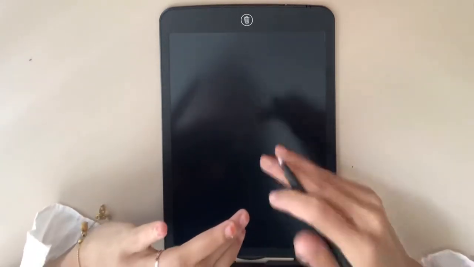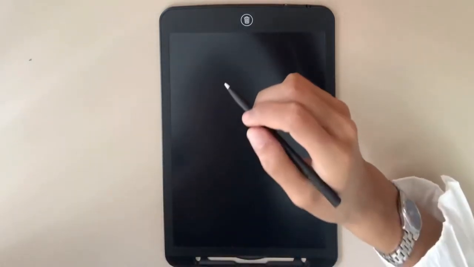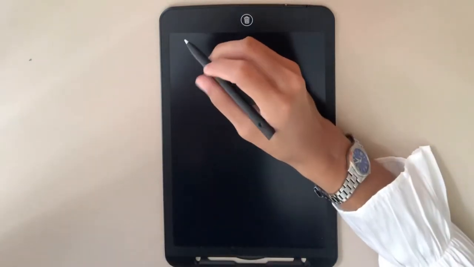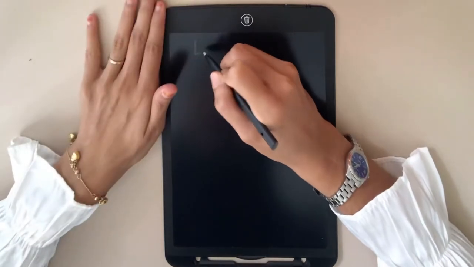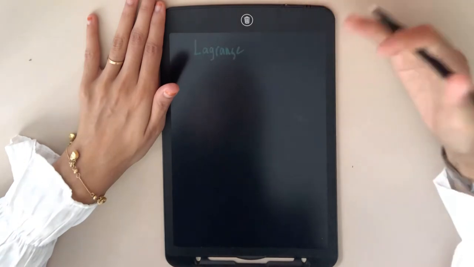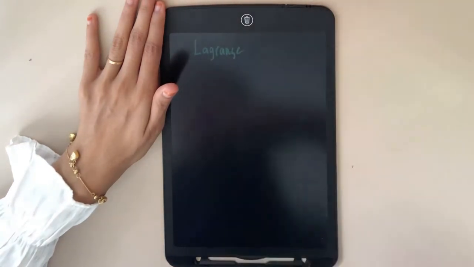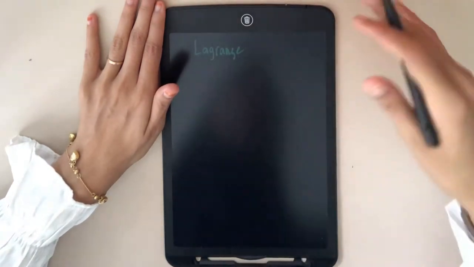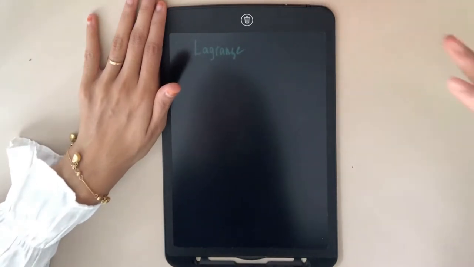So I will split it into one or two. For today's class, we will continue with another second method, which is the Lagrange interpolating method. I just mentioned Lagrange, so you should know the Lagrange interpolating method.